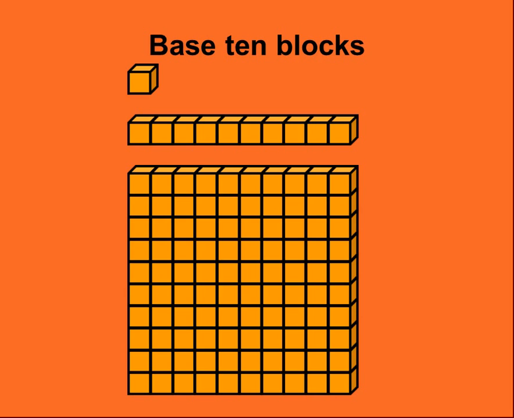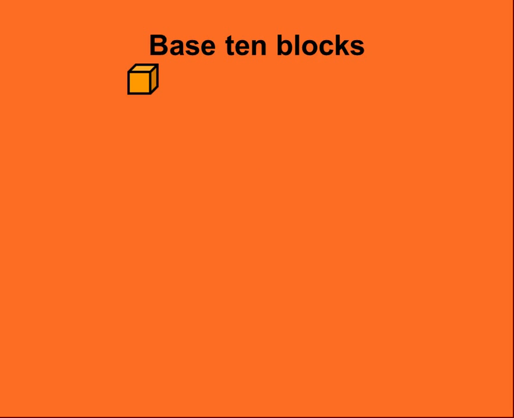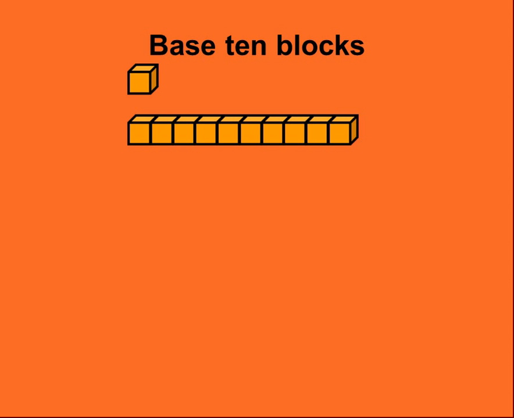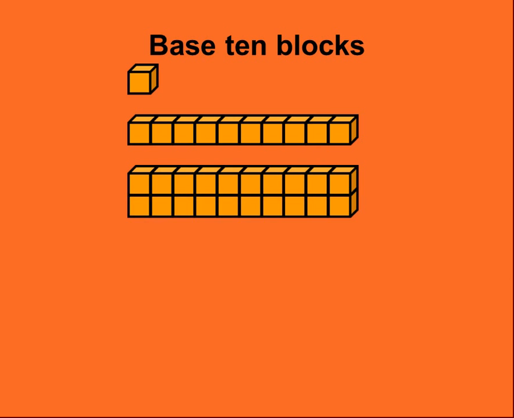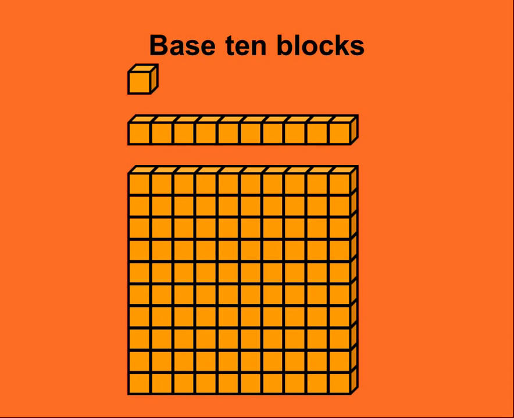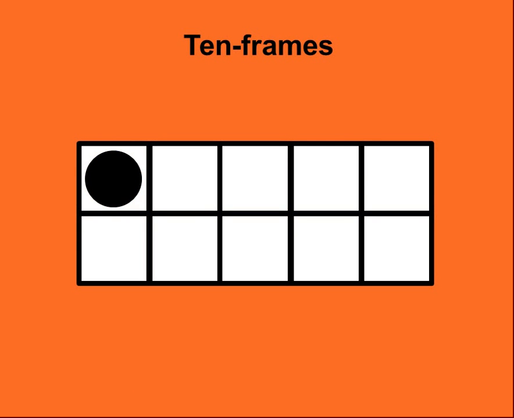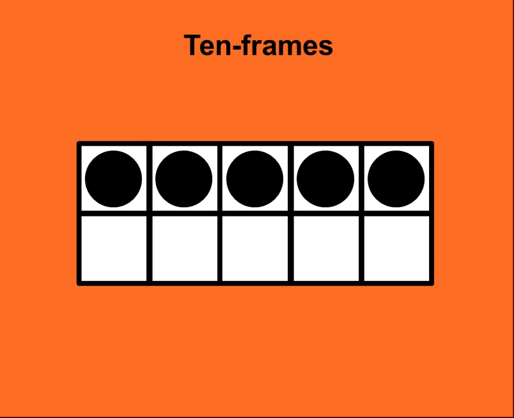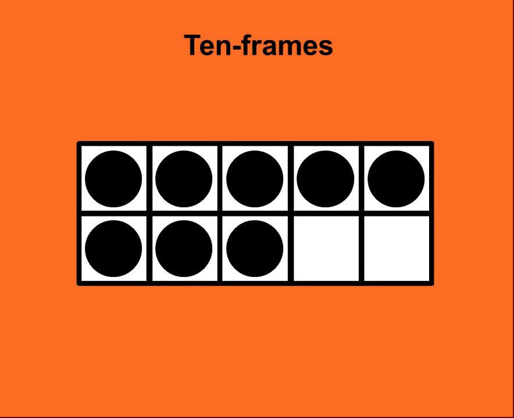Base 10 blocks. A unit block is 1. 10 unit blocks connected together make a 10 rod. 10 10 rods make a 100 square. 10 frames, where this is 1, this is the pattern for 3, 5, 8, and 10.